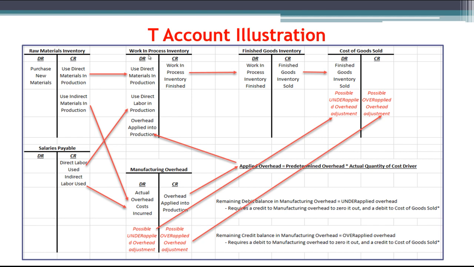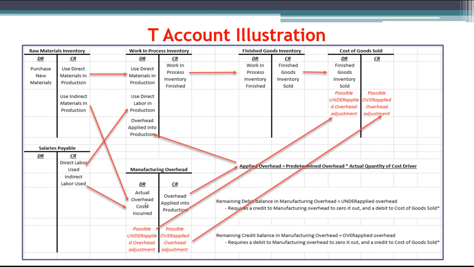Now, the other thing with work in process inventory, the last cost we'll have, is applying overhead. Remember, we set our rate based on labor hours or whatever. So as labor hours are used, we're going to apply overhead to production. To apply overhead, you credit the overhead account to reduce it.